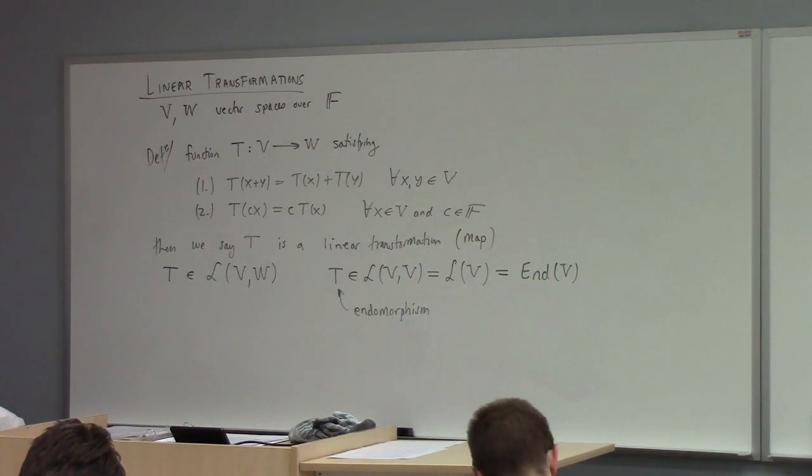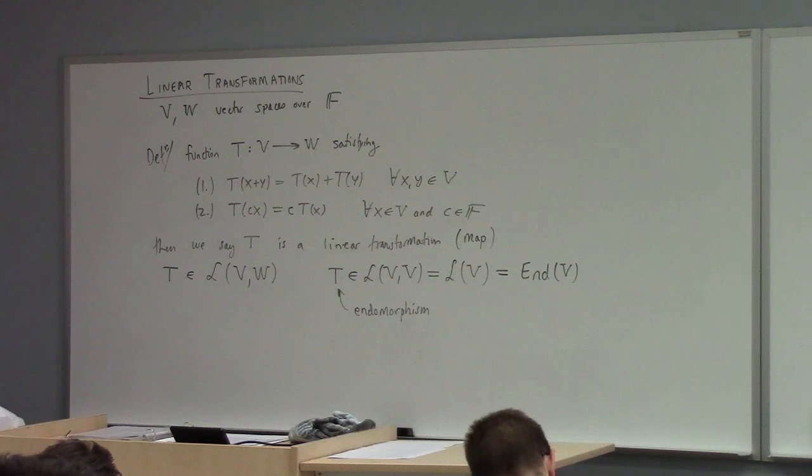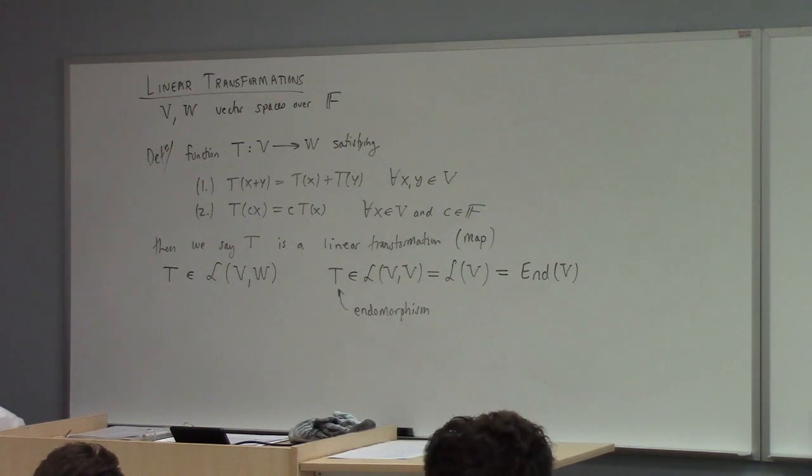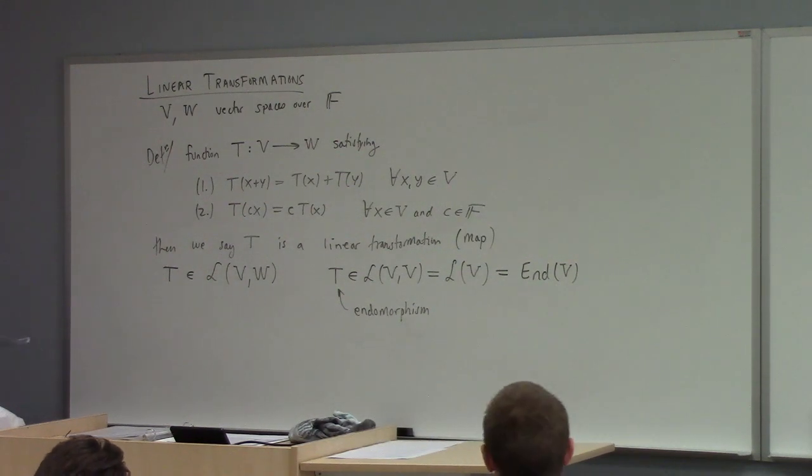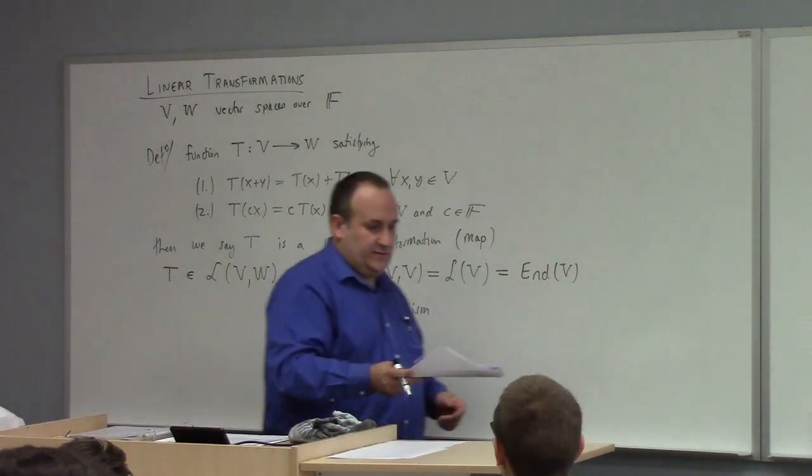We'll spend a fair amount of time studying endomorphisms as time goes on in here, all right? So what are some examples of linear transformations? Well, let's look at them.